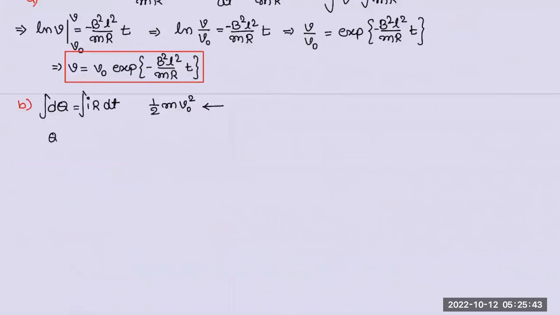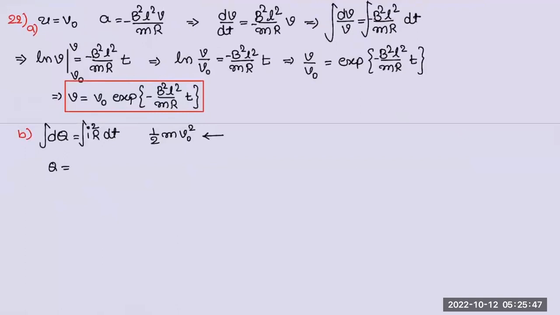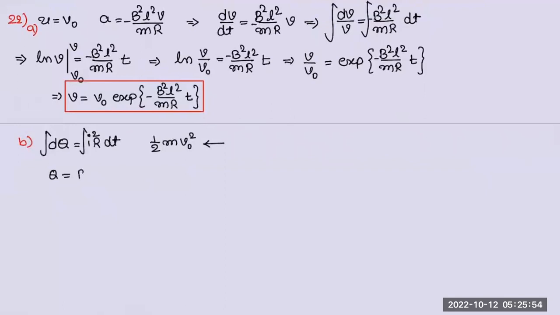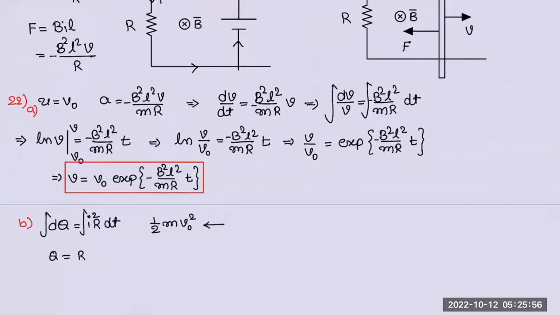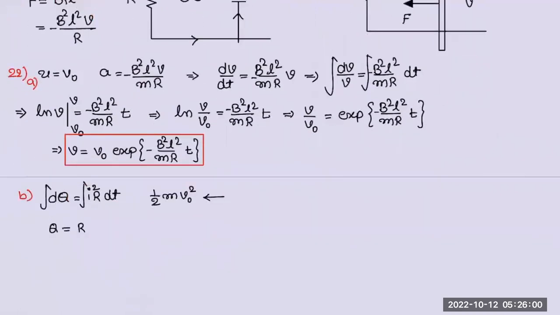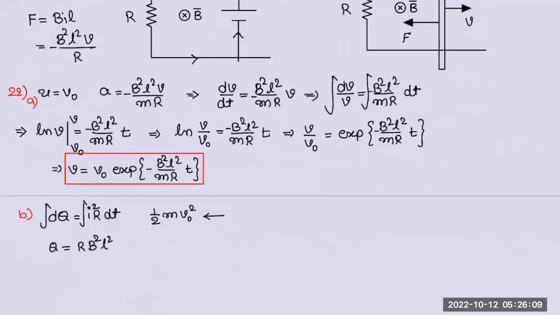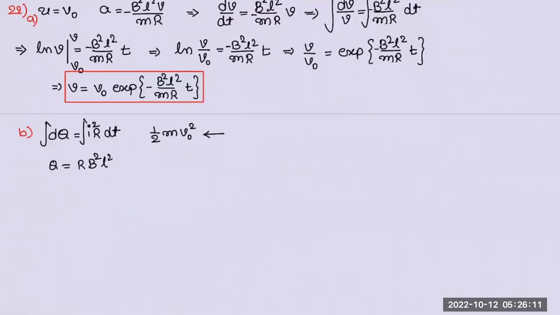So Q total heat is equal to the integral of I square R. Sorry, I made a mistake. I square R, okay, I'll continue with it. I square R, so R is R. What is I square? I is BLV by R. Check it. I square R will be B square L square V square by R. V square means this value, right?